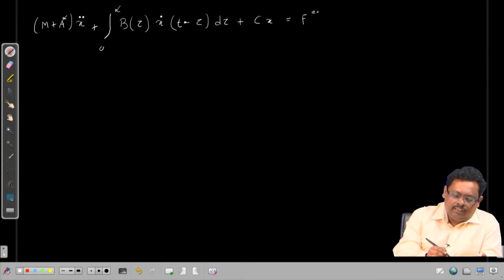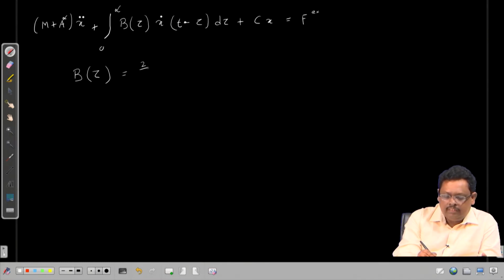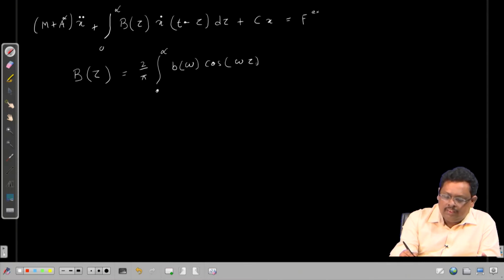Now, from this equation I get b(tau) equal to 2 by pi times the integral from 0 to infinity of b(omega) cos(omega tau) d omega.